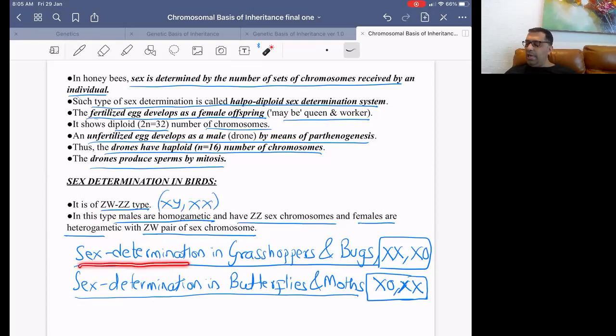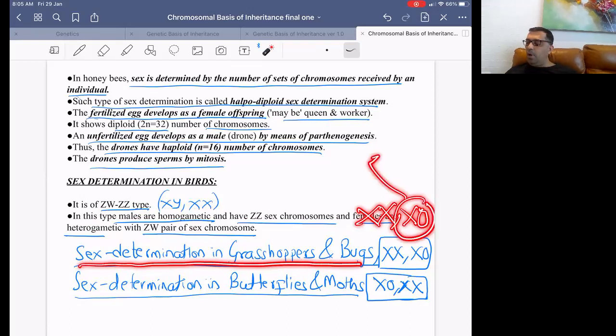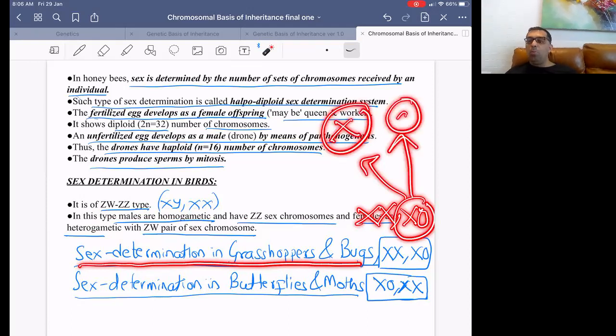Sex determination in grasshoppers and bugs is XX and XO. Males have only one X chromosome, and males will produce two types of sperms, one with an X chromosome, one with no sex chromosome.